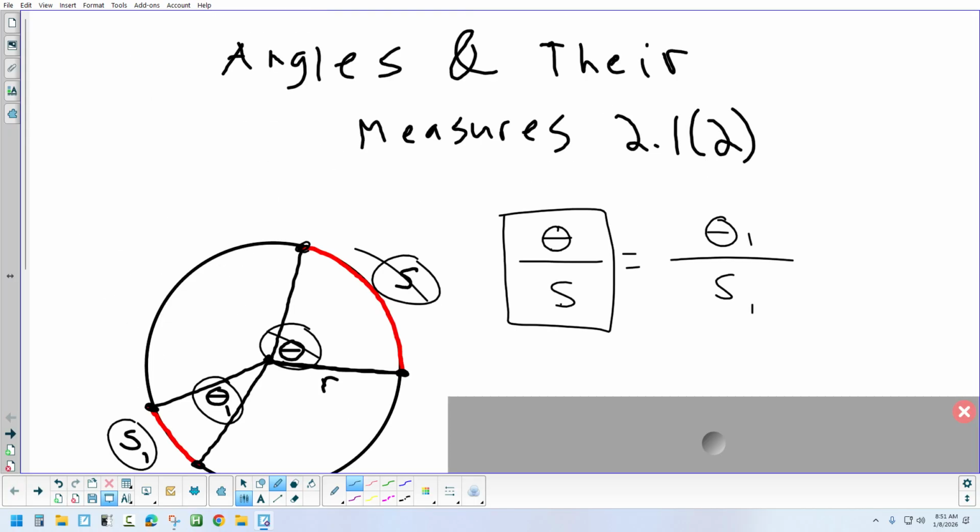So that's basically what we just set up right here, except we don't know any of the values. Okay? And that's part of the problem. This proportion is correct, but right now it's not useful because you don't have any numbers in it at all.